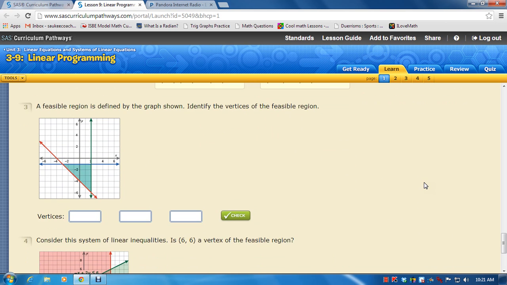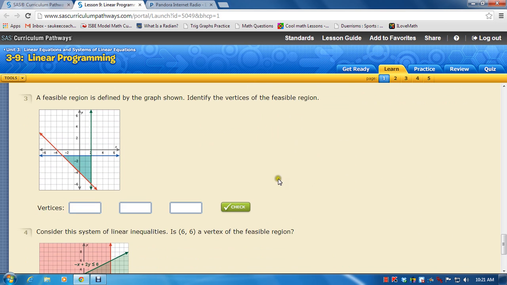We can identify these. All you have to do is pick out the X and Y values. I'm not going to plug those in. You should be able to identify those by counting over X and down a Y value.